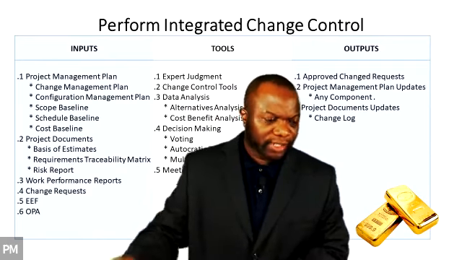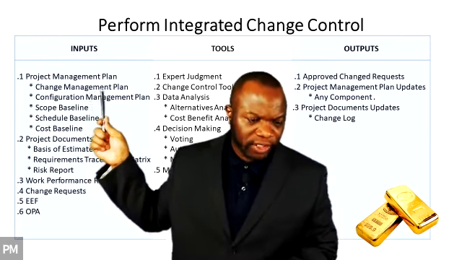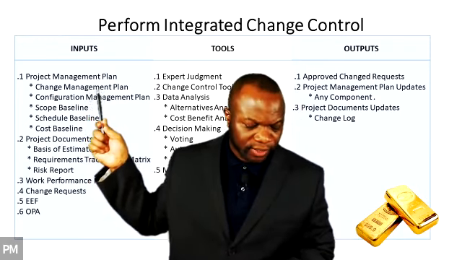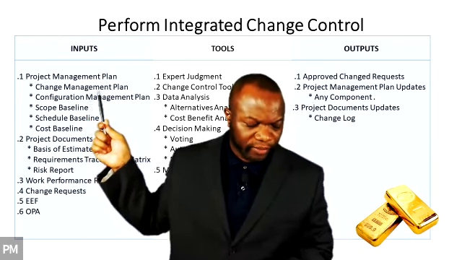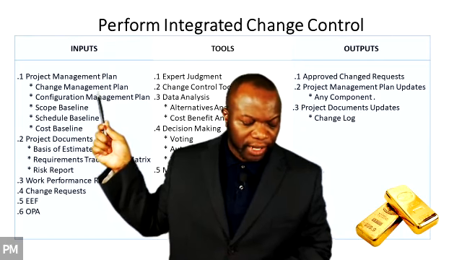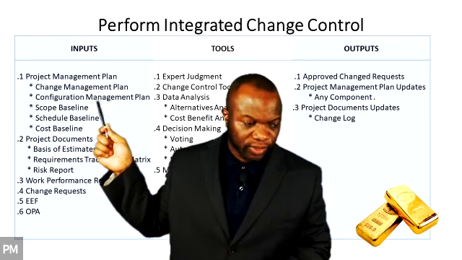All right, so let's start off with this. Change management plan. It says it provides the direction for managing the change control process and documents, and it documents the roles and responsibilities of the change control board.